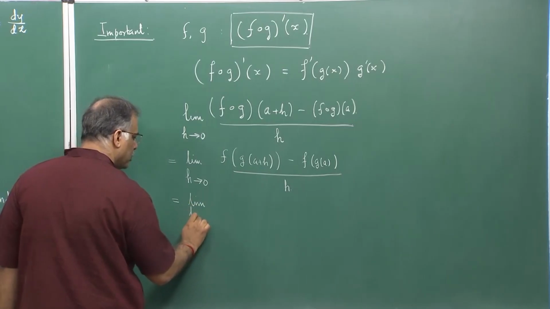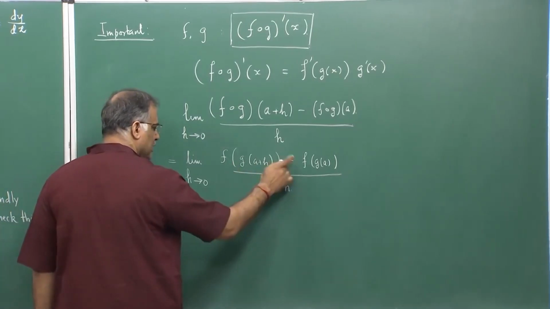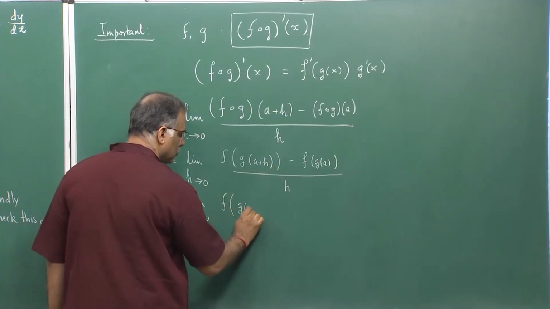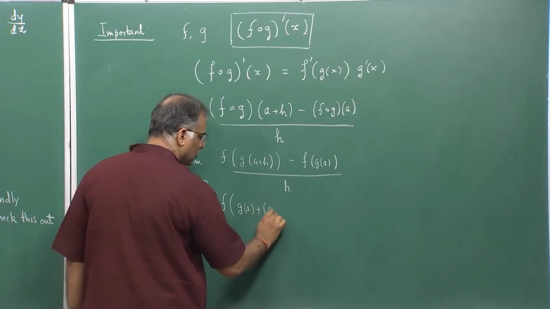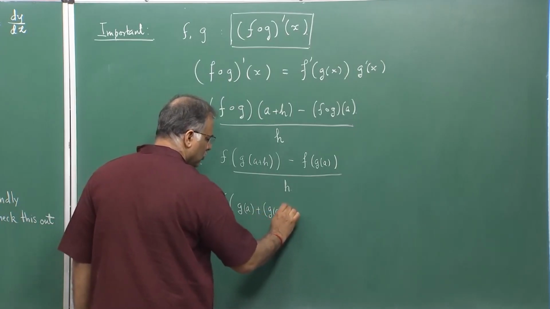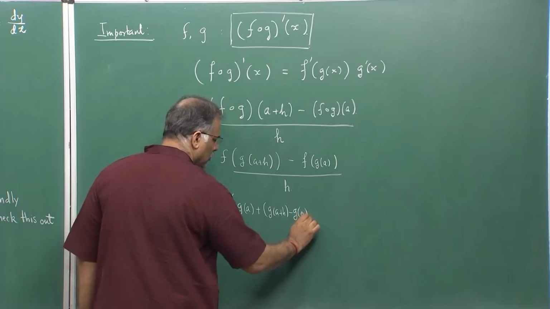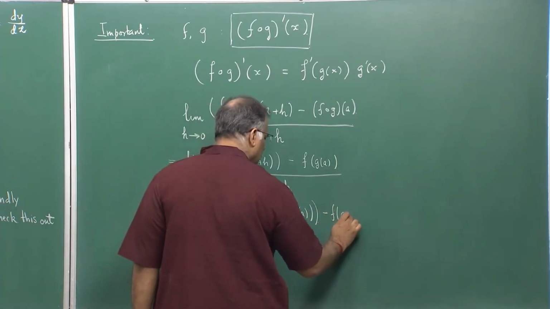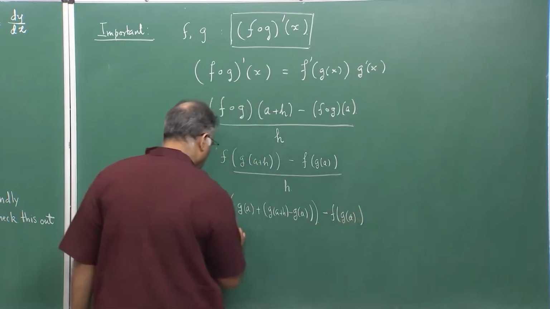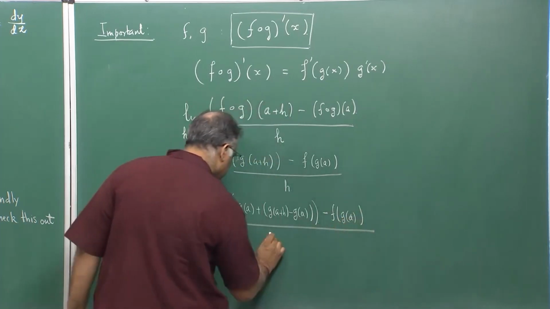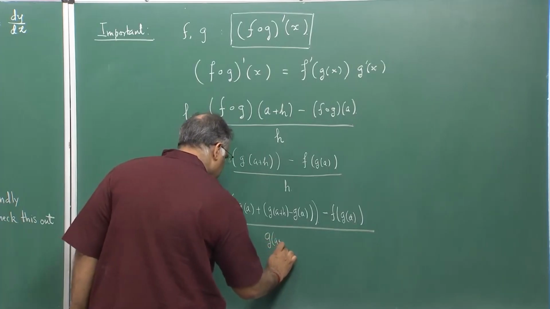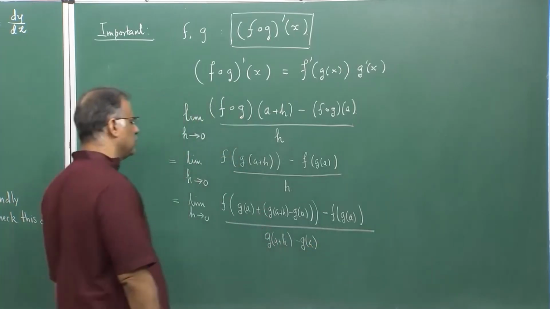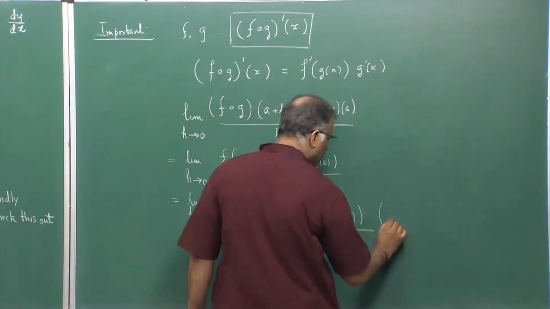I will do some manipulations. Here I will add a g a and subtract a g a. What I do now, I multiply both top and below by g a plus h minus g a.